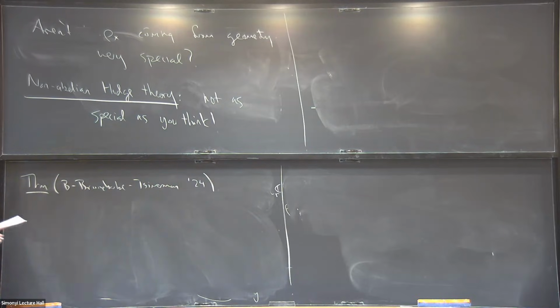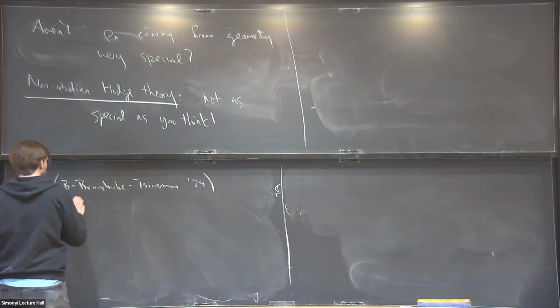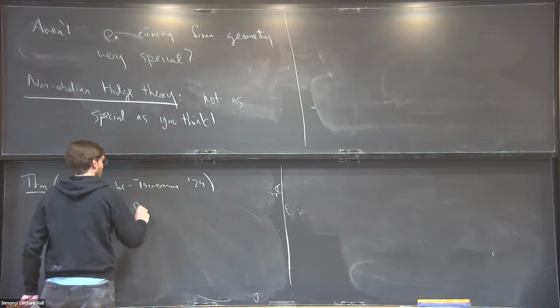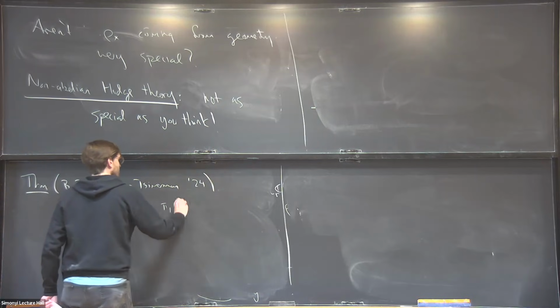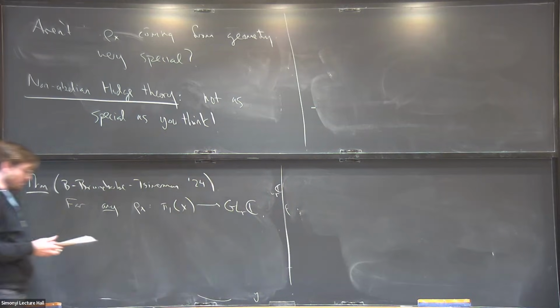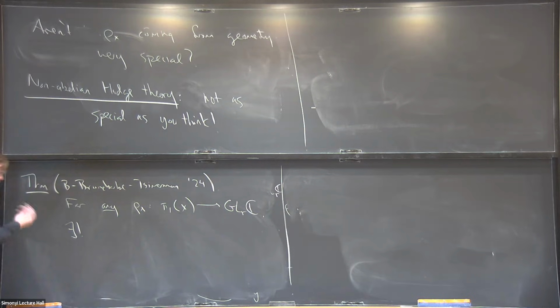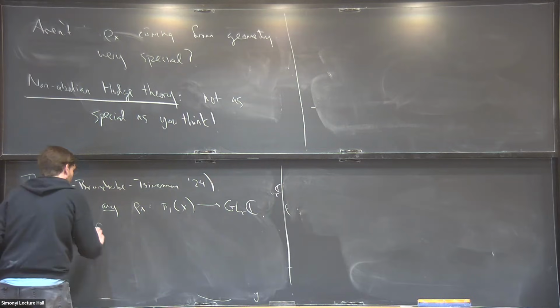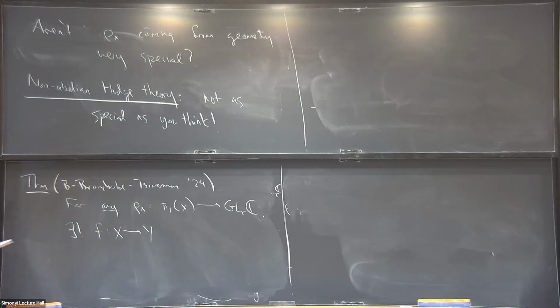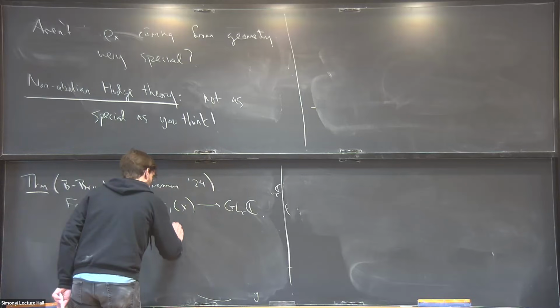Okay, it says that take a normal algebraic variety, X, and take any representation of its fundamental group, rho_X from pi_1(X) into GL_r(C), any complex representation. There exists a unique algebraic map, F, from X to Y. So this is an algebraic map.